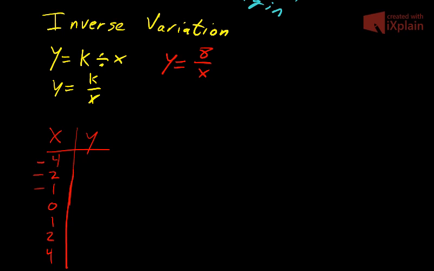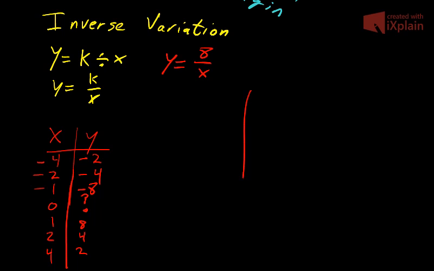If x is -4, 8 divided by -4 is -2, which will be my y. X is -2, y will be -4. X is -1, y will be -8. X is 0. I can't divide by 0, so that'll just be a question mark there. This one will give me 8, 4, and 2. Please do check me on this, but I am fairly certain I got those numbers right.